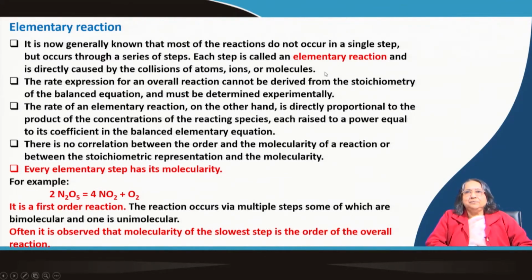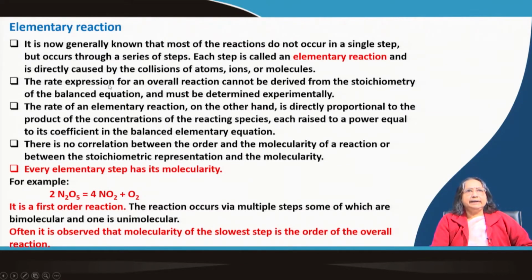We all know that a reaction cannot occur unless there is a collision, and during the collision it has to have a particular threshold energy, that is activation energy. So when any elementary step occurs, it has to fulfill that condition.